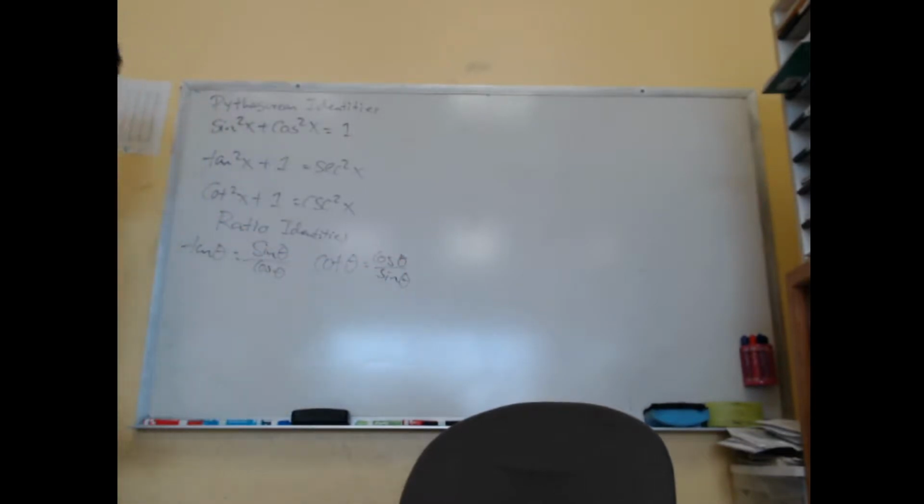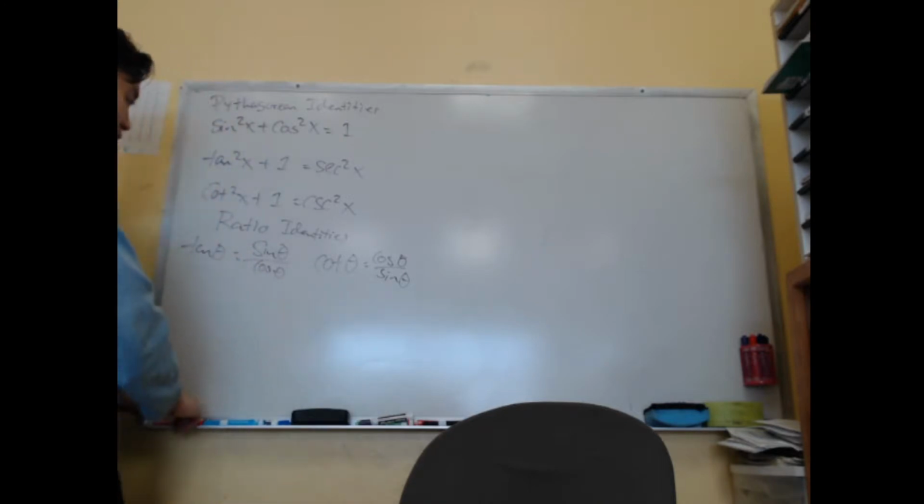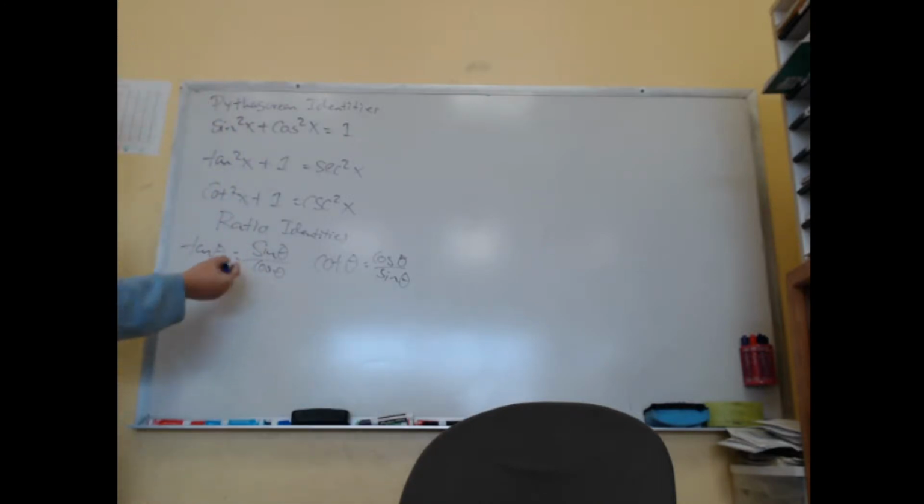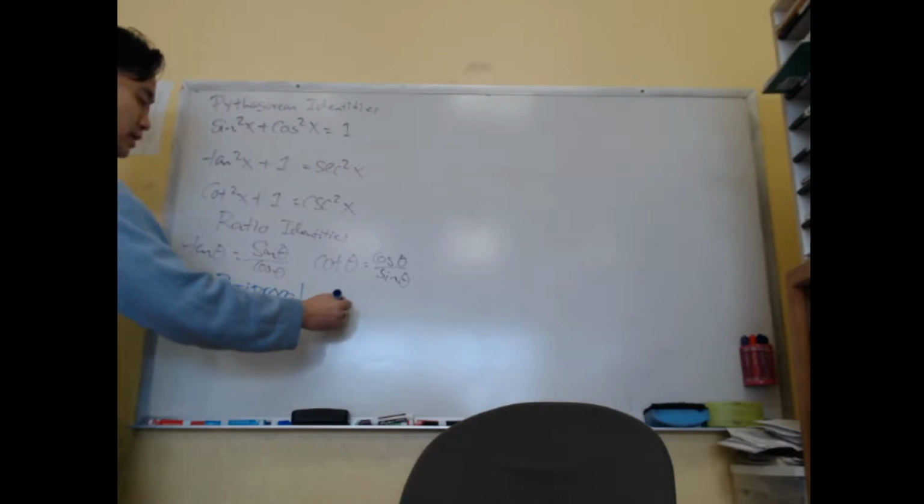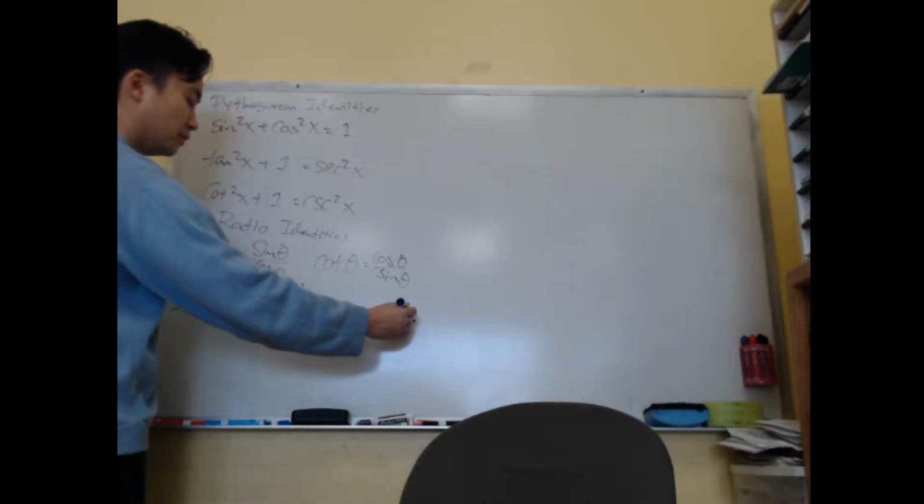And what else? Anything else involved with ratio? Okay, the rest would be what? Reciprocal, right? Reciprocal identities, so we have secant, which is 1 over cosine, according to the graph. Then cosecant, 1 over sine.